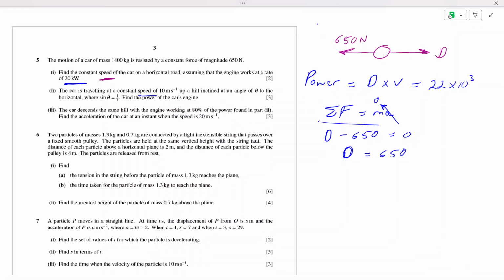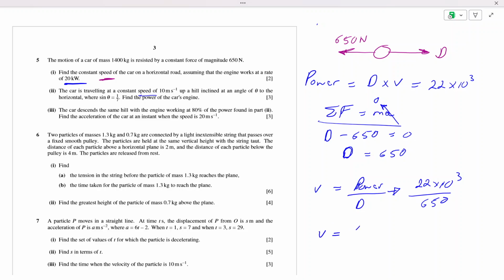I mentioned this formula here, right? So D is equal to 650, right? Now I can substitute that D in the power equation to get v. So v is going to be equal to power divided by D, and power is 22 by 10 to the 3 over the D, which we just calculated, 650.